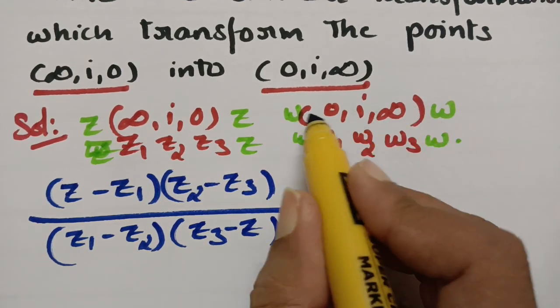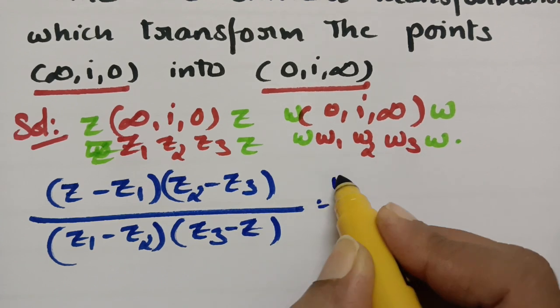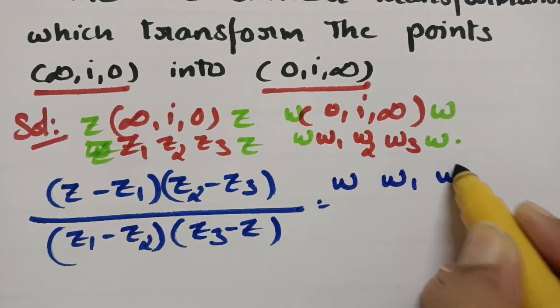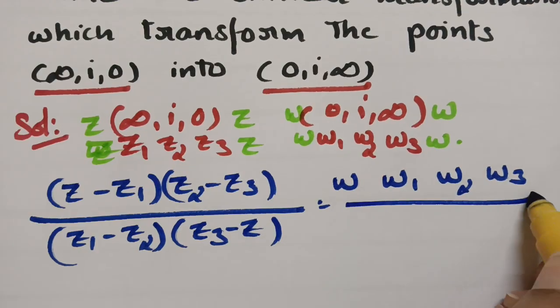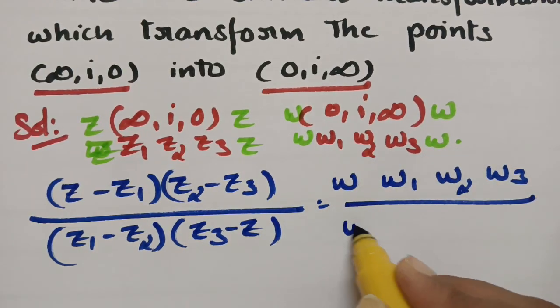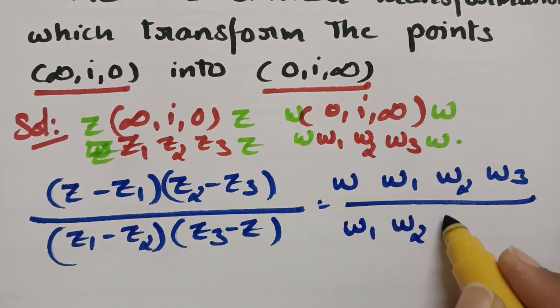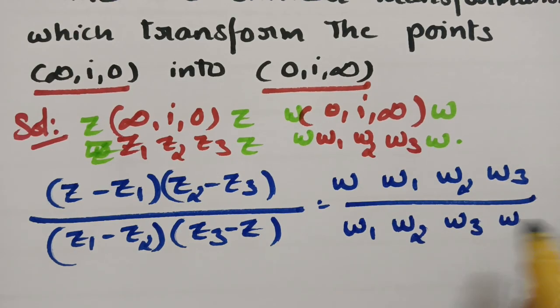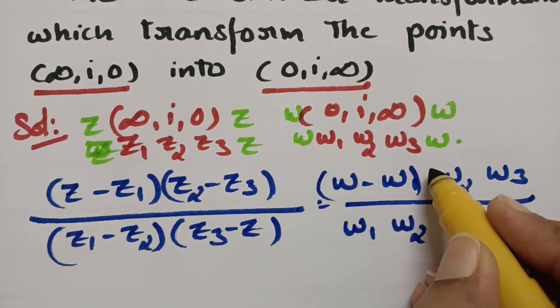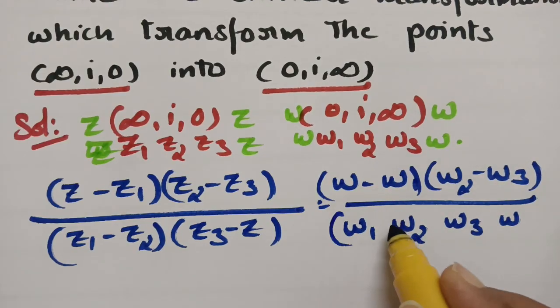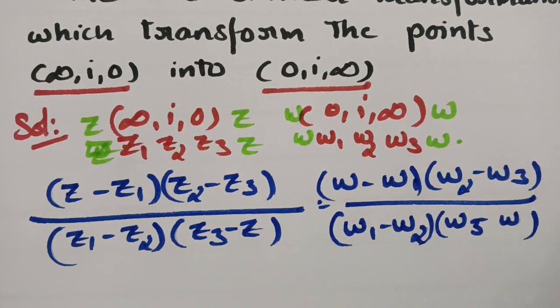And next here also, first we have to consider these 4, that is w, w1, this is w2 and this is w3, and we have to take these 4 points, w1, this is w2, this is w3 and this is w. See here, this will be the formula, which is very easy to remember.